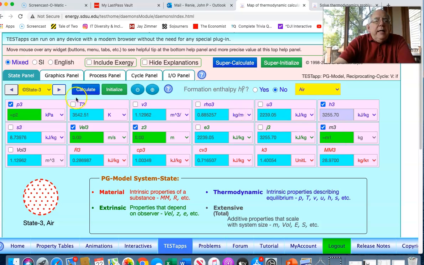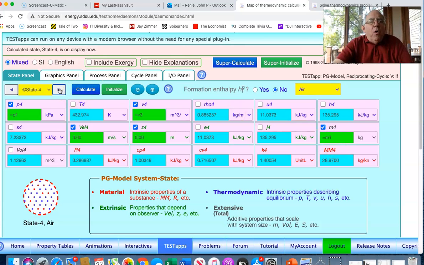Again, constant mass. And then finally, state 4, which is at the same pressure as the final pressure.